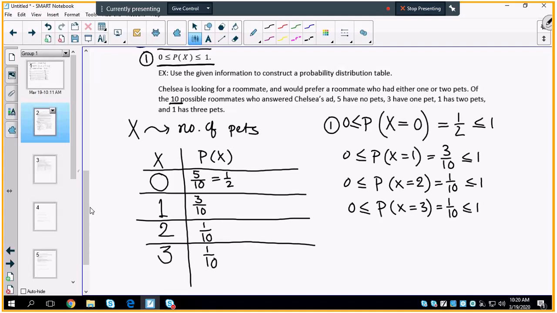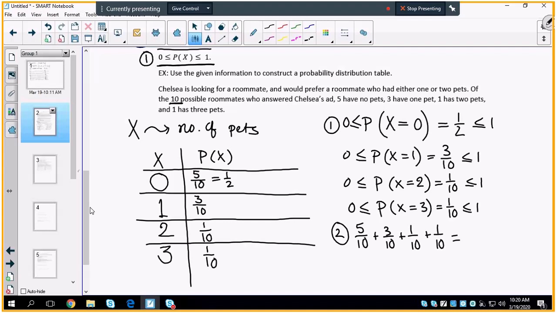The second axiom tells me if I add all these probability values, I must get 1. So let's try to do that. And I will just remind you, I know that probability of x equal to 0 is 1/2, but when I'm adding, I'm going to use 5/10 instead, which will help me find the common denominator faster. So let's add all these values. I have 5/10 plus 3/10 plus 1/10 plus 1/10 as the 4 different probability values.